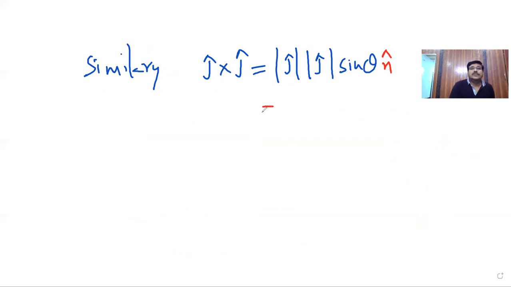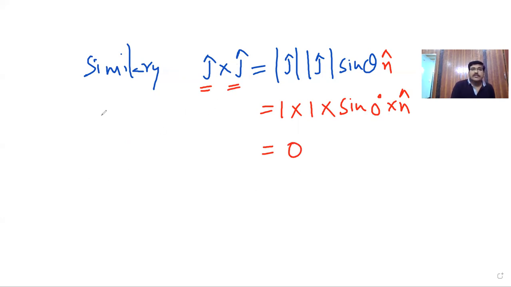Modulus of J bar is 1, modulus of J bar is again 1, same vectors, so the angle between them is 0 into n bar cap, so it becomes 0, since sine 0 is 0.